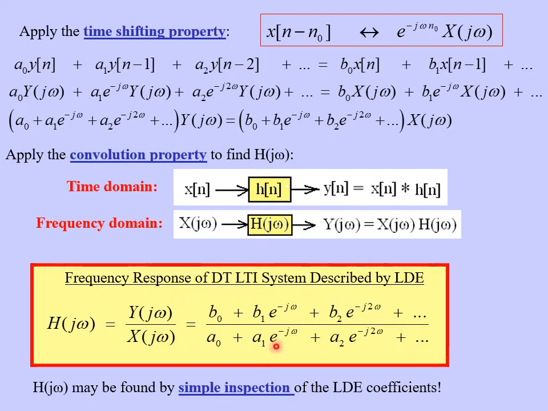We can just use this result right here, and we can write the frequency response, h of j omega, from a difference equation by simple inspection of the linear difference equation coefficients. In other words, we're going to just write this frequency response just by looking at the difference equation up here. We don't have to do all these steps, because we've already proved that they're valid.